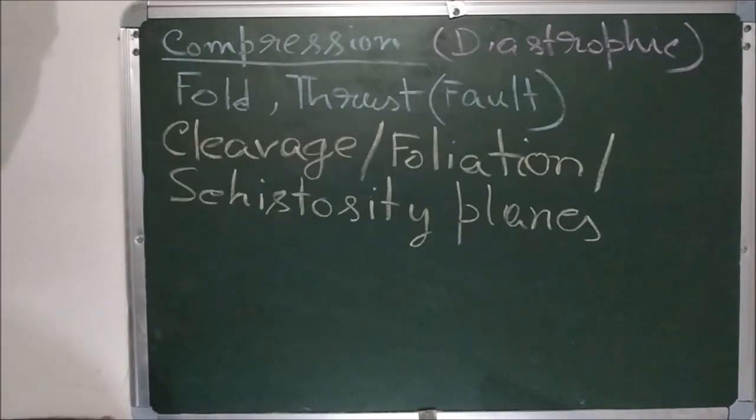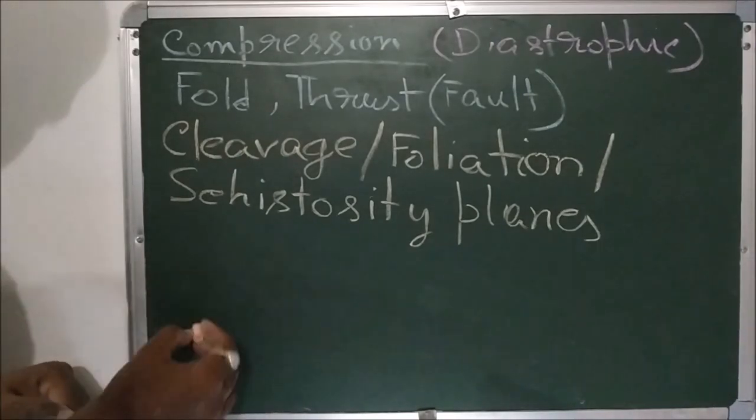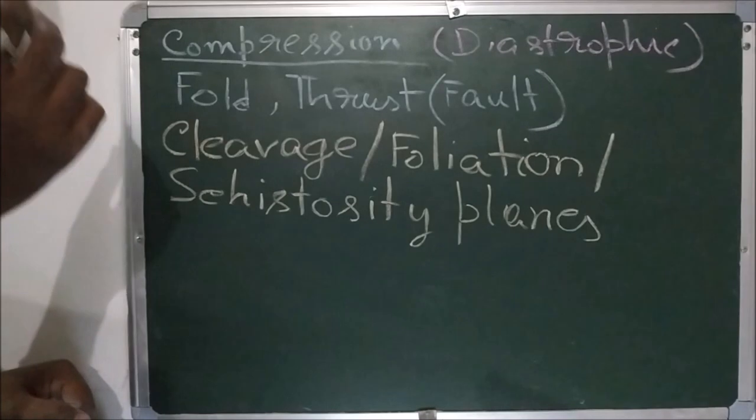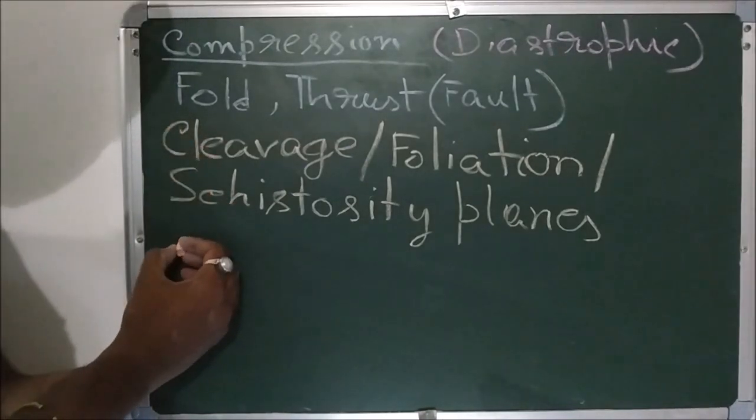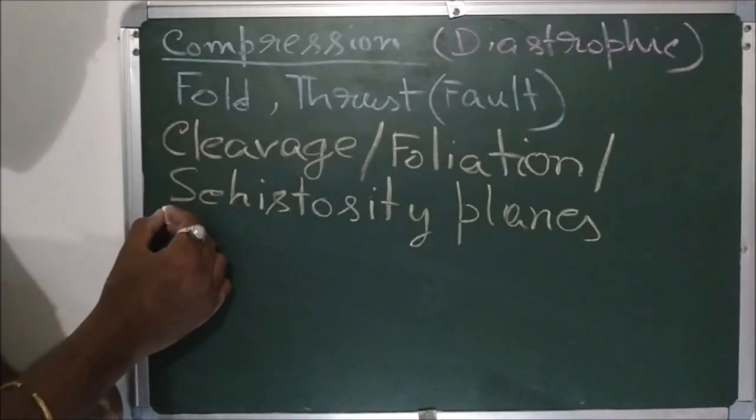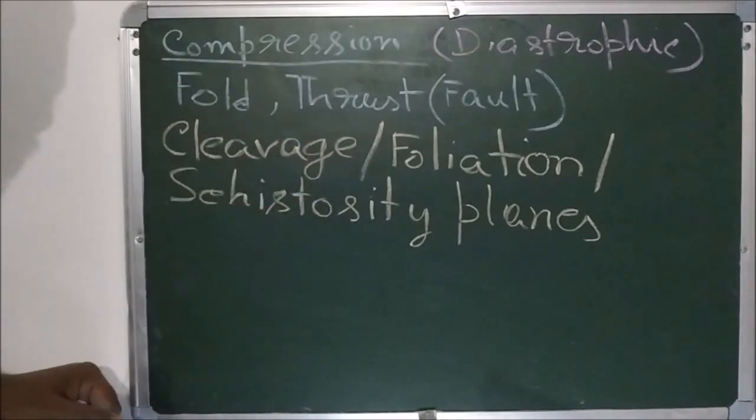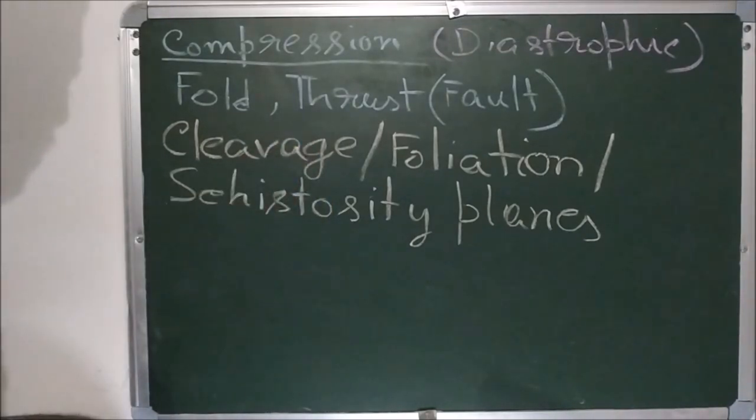Generally axial planar cleavage or foliation or schistosity planes we observe, means these are the secondary planes developed in the rocks in response to the deformation.